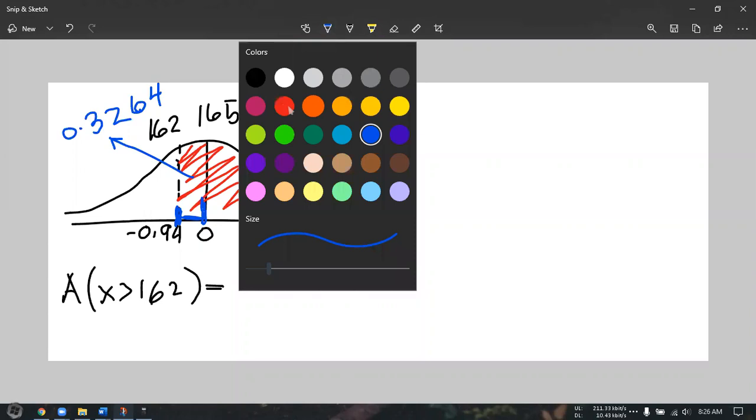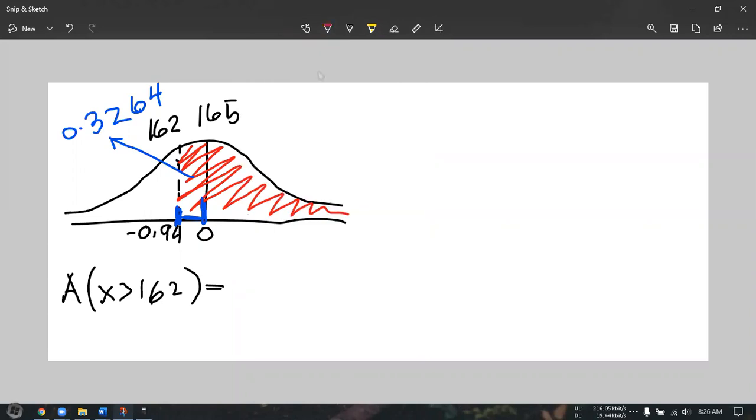What should we be adding? 0.3264 plus 0.5. Yes, very good, Laika.